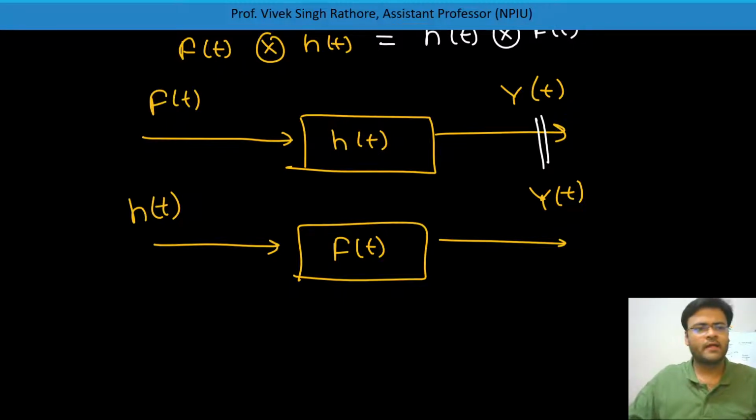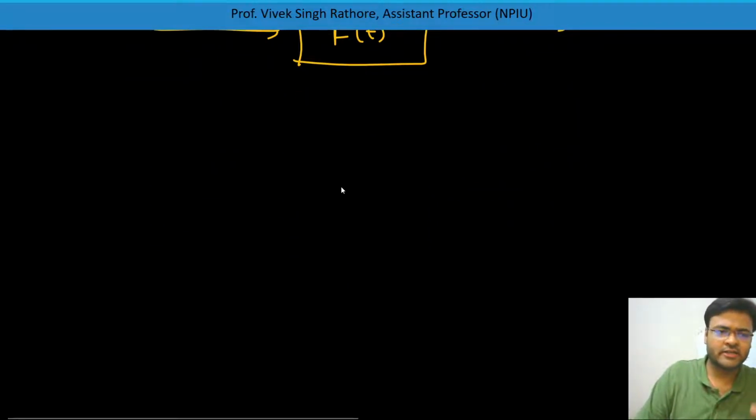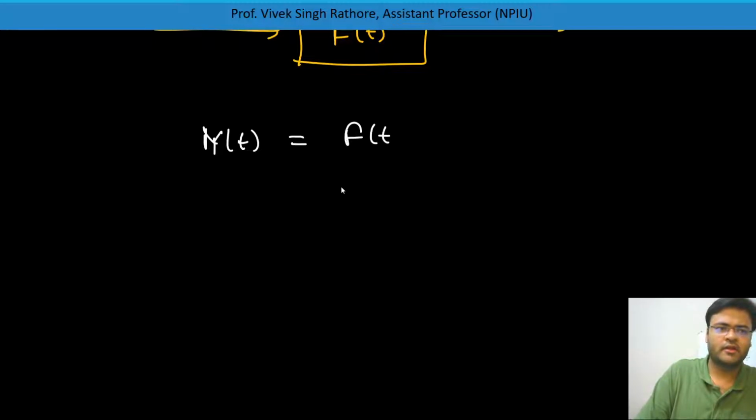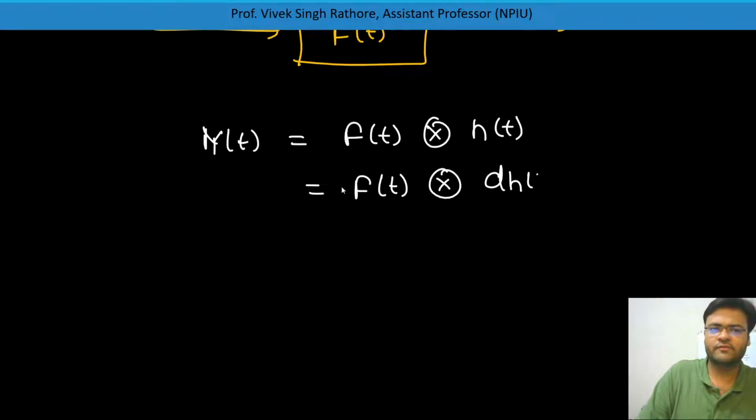This is satisfied for the differentiation property also. Like for y of t, we were doing f of t convolution with h of t, and if we are applying the differentiation property, meaning f of t convolution with, let's suppose, dh of t by dt, we get dy of t by dt.